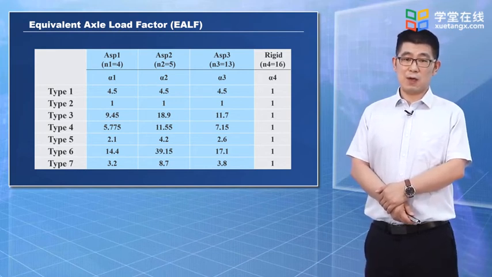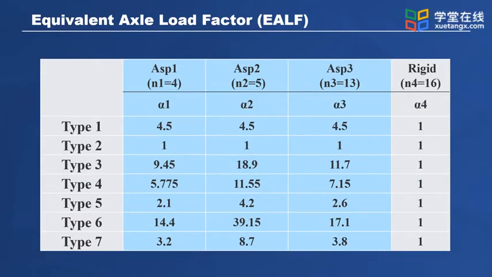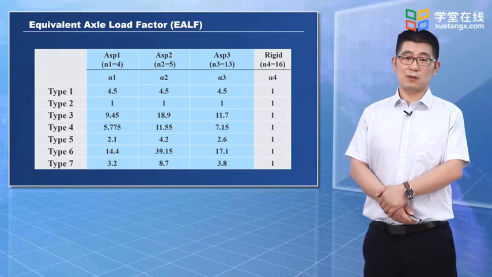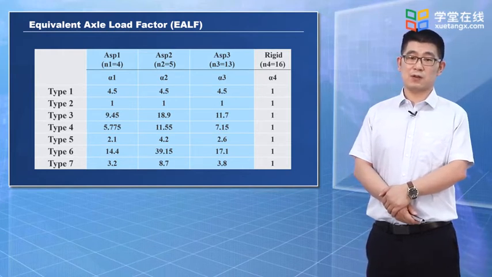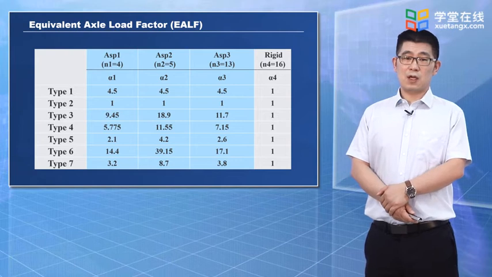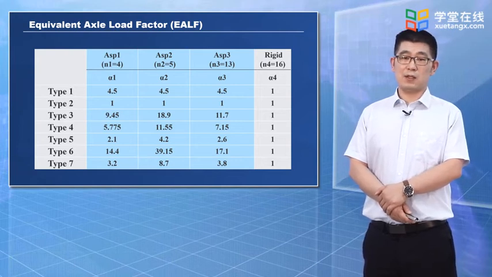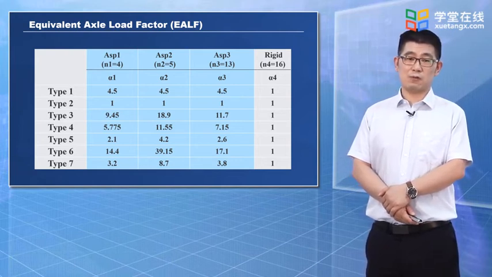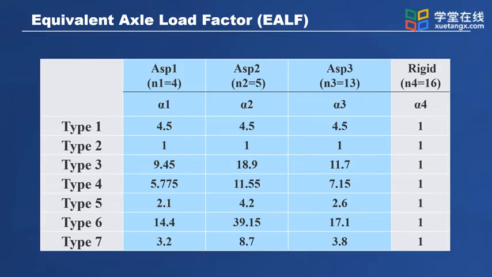For ASP1, ASP2, and ASP3, n equals 4, 5, and 13, while alpha values are dependent on the axle types as shown in the table. For concrete pavements, however, n equals 16 and alpha equals 1, which is independent of the design criteria and axle types.